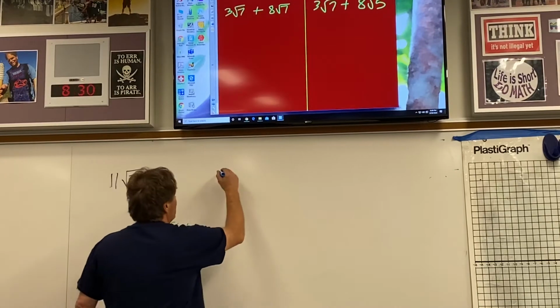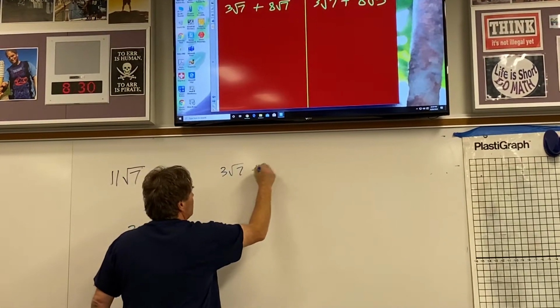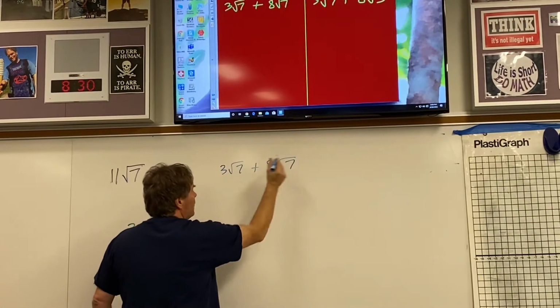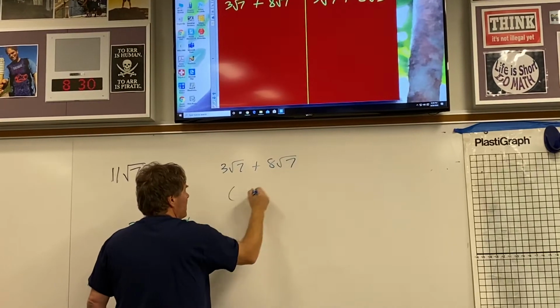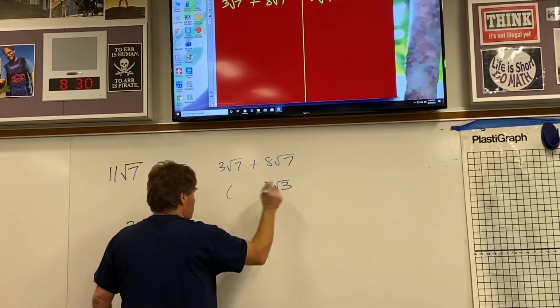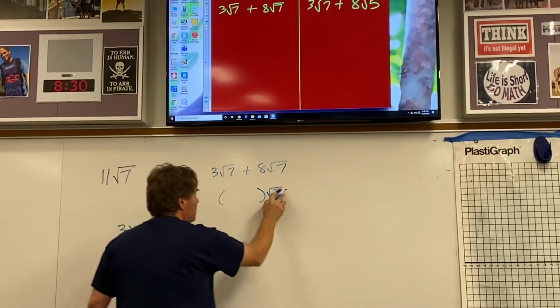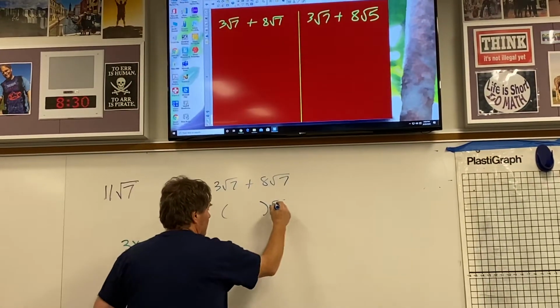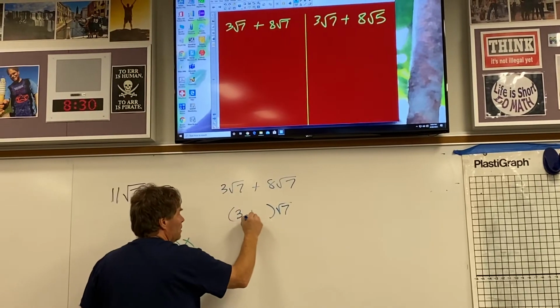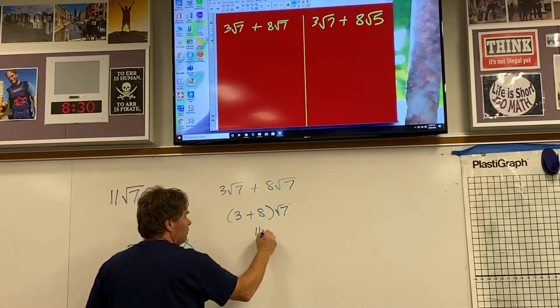You could say, hey, 3 root 7 plus 8 root 7, they both have a root 7 in common, so I can factor out the root 7, and I would just get 3 plus 8, which is 11 root 7.